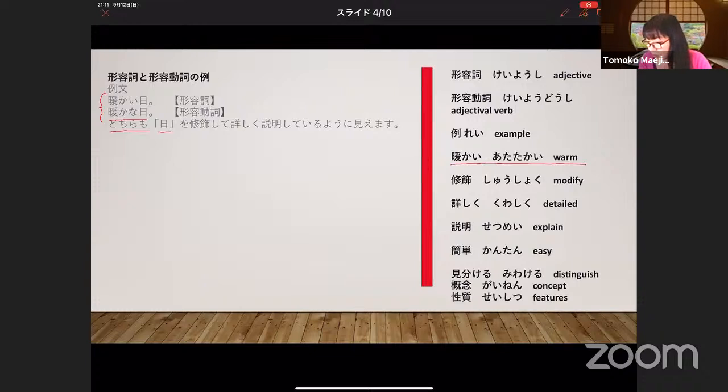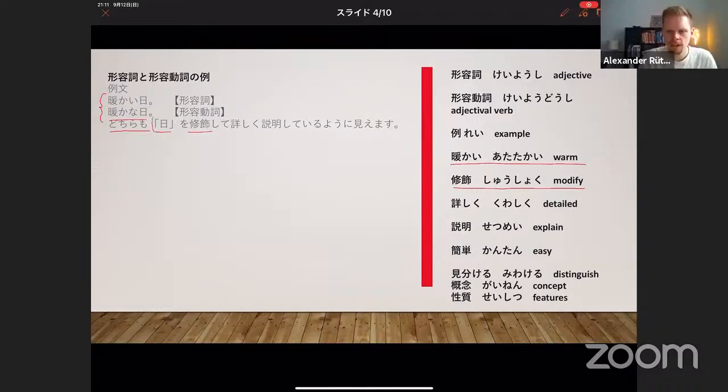Do you want to read this? Shushoku, meaning modify. So both of them modify what?